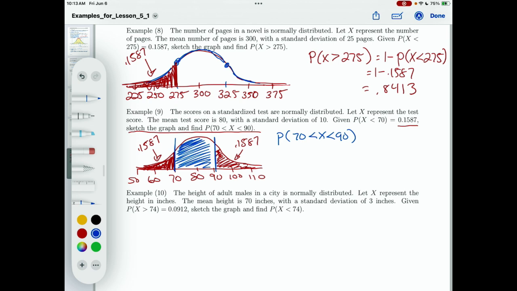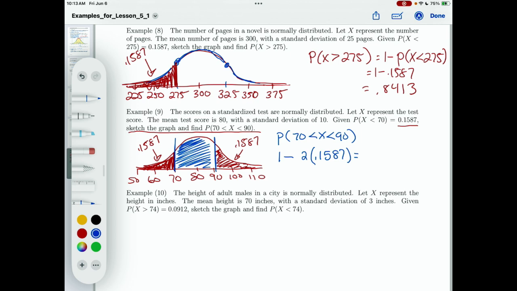That will give me the total area in those two tails. And then if I subtract that from 1, what's left over is what's in the middle. So I'm going to take 1 minus, and then I'm going to double 0.1587. That will give me the two tails added up. And when I subtract it from 1, I'll get the area between 70 and 90.